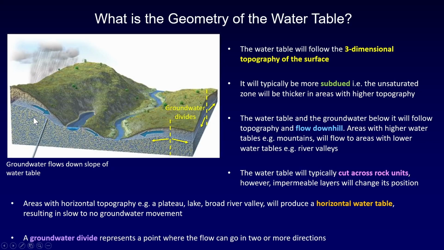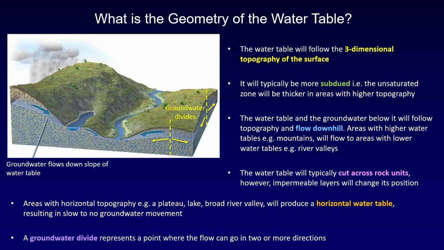Now, when your water table begins to head into an area of horizontal topography, so think of something like a plateau or a relatively flat area of land like a lake or a broad river valley, in that situation, your water table is going to go horizontal like the topography.